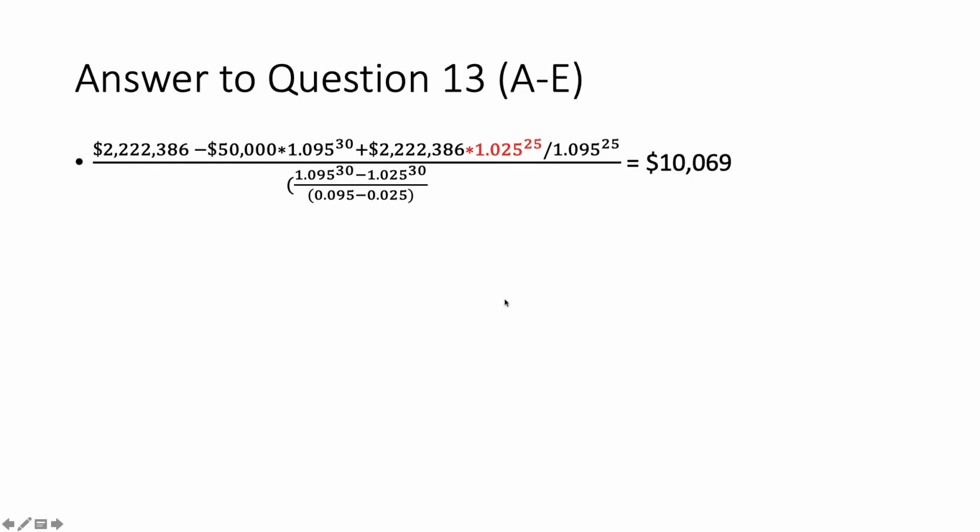For this method, he needs $10,069. That's his first payment. So he has to put away that amount of money. And if he has employer matching, he only has to put away half of that, because his employer is going to put away the other half. But we're not really dealing with that.